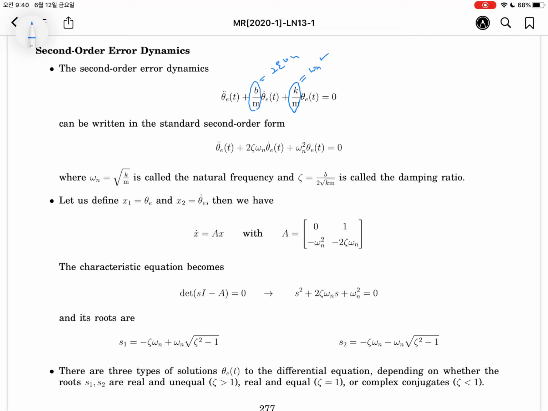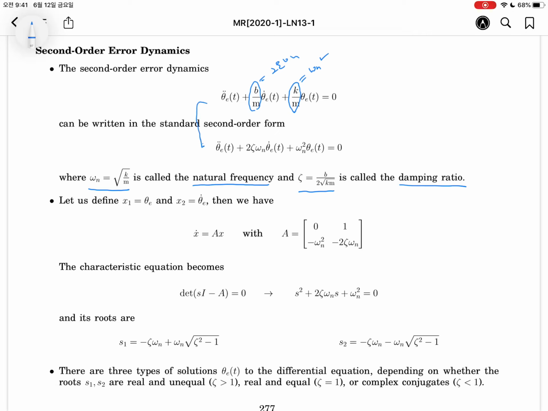We have two equations and two variables, so it can be easily obtained. Omega n will be square root k over m. Zeta will be b over 2 square root km. Omega n is called the natural frequency of the system, and zeta is called the damping ratio.